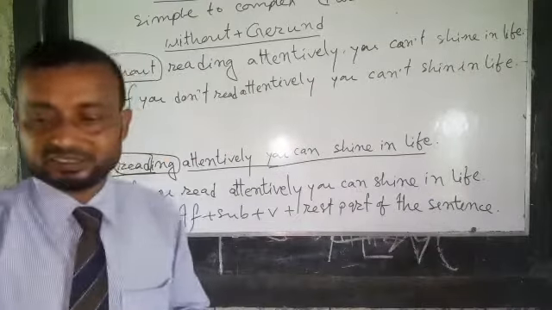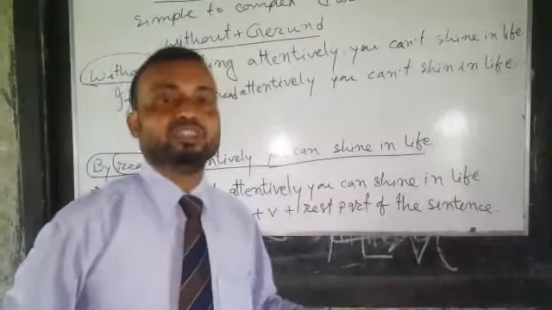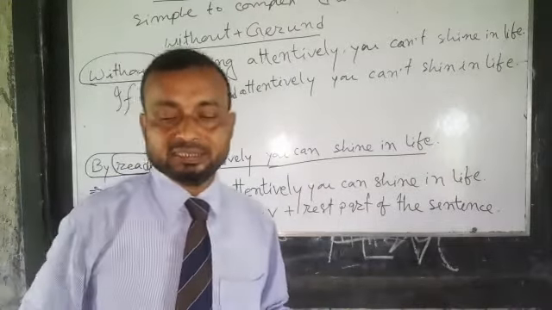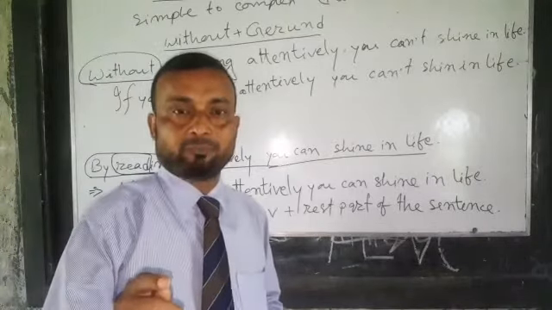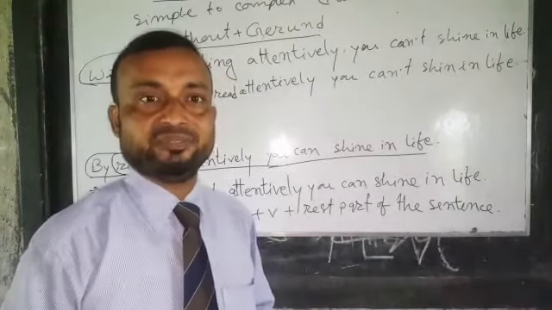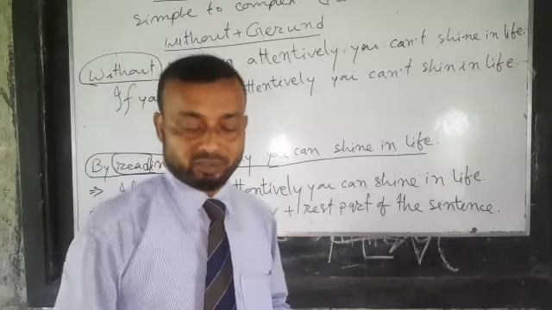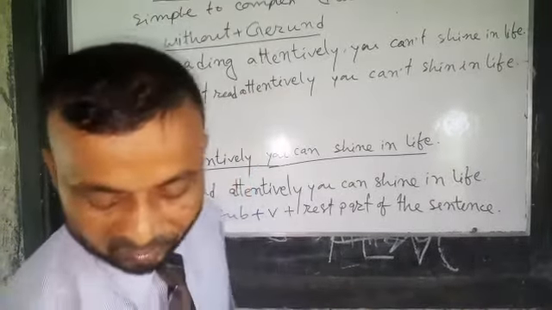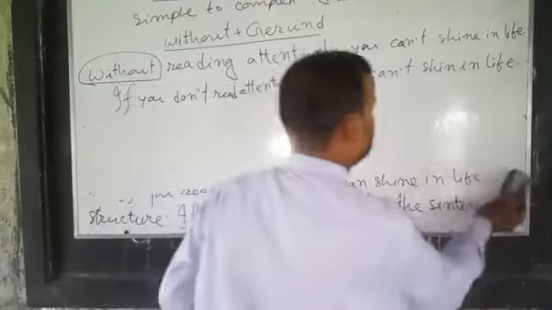My dear students, that means the structure will be the same. Only with by plus gerund there will be the affirmative form, and if without plus gerund is used, it will be the negative form. My dear students, now let us go to the other rules.